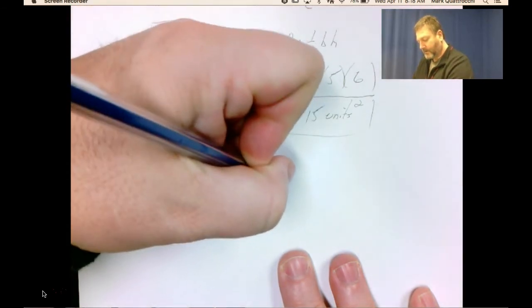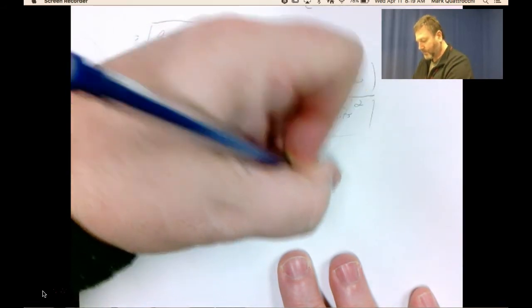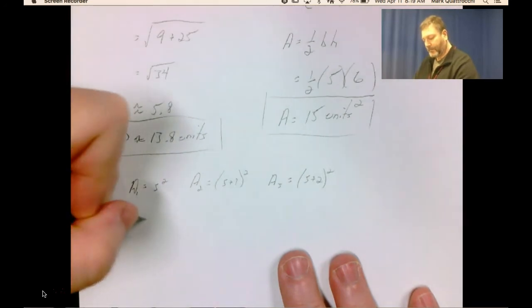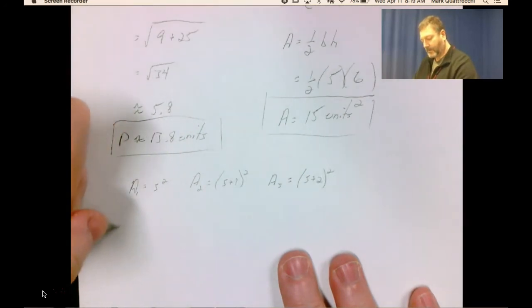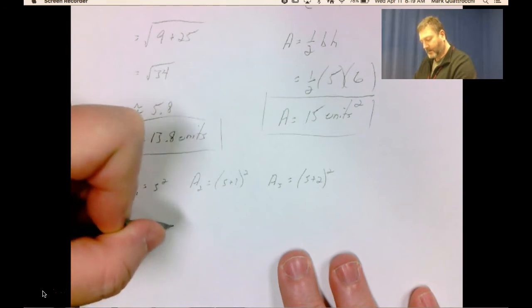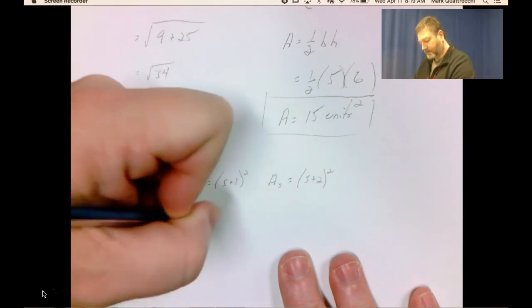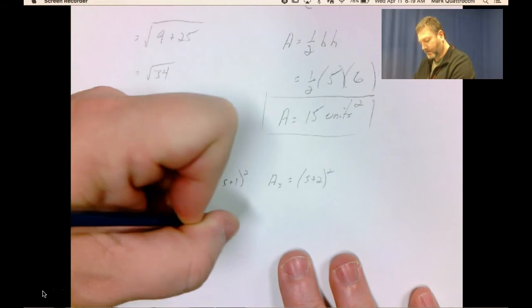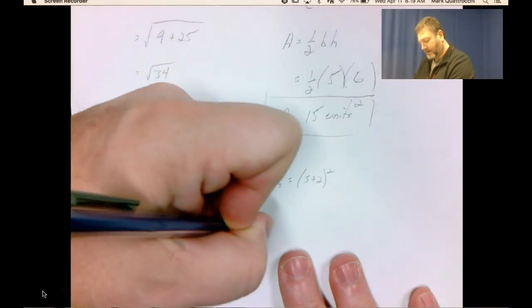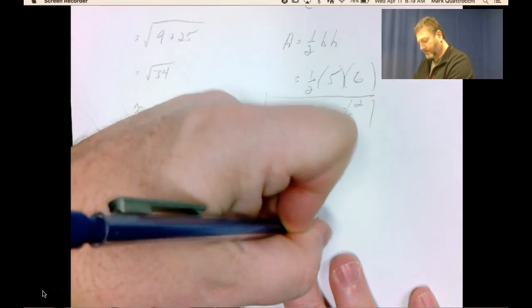And the area of square 3 is s plus 2 squared. And all three, area of 1 plus area of 2 plus area of 3 is equal to s squared plus s plus 1 squared plus s plus 2 squared, and that's equal to 365.